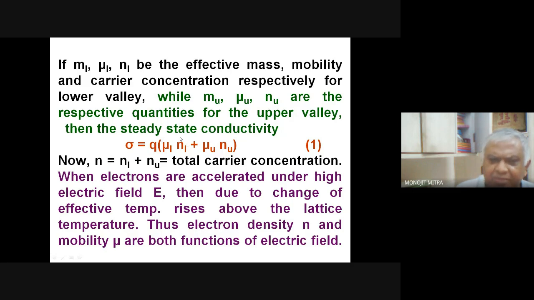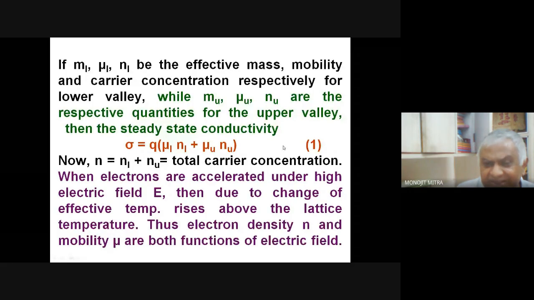But as the mobility and number of electrons are not the same, this is for lower valley, this is for upper valley. So Q μl nl plus Q μu nu. This is the total sum of the conductivity of lower valley plus upper valley, meaning the conductivity of electrons in the conduction band. And I have taken Q common as it is the same for both lower valley and upper valley electrons. So this is your equation number 1.